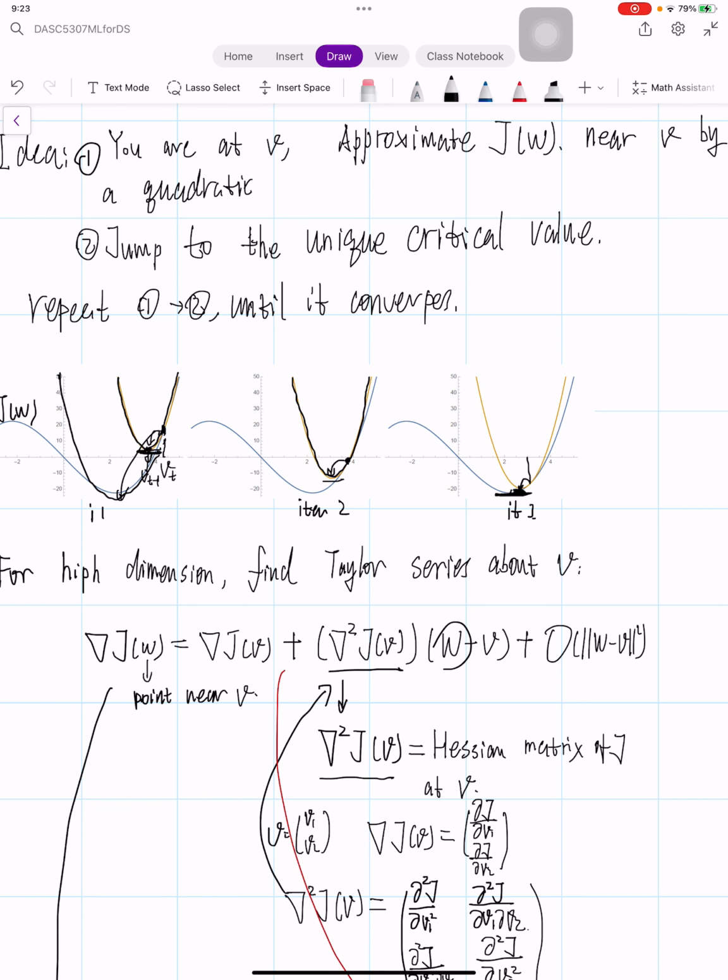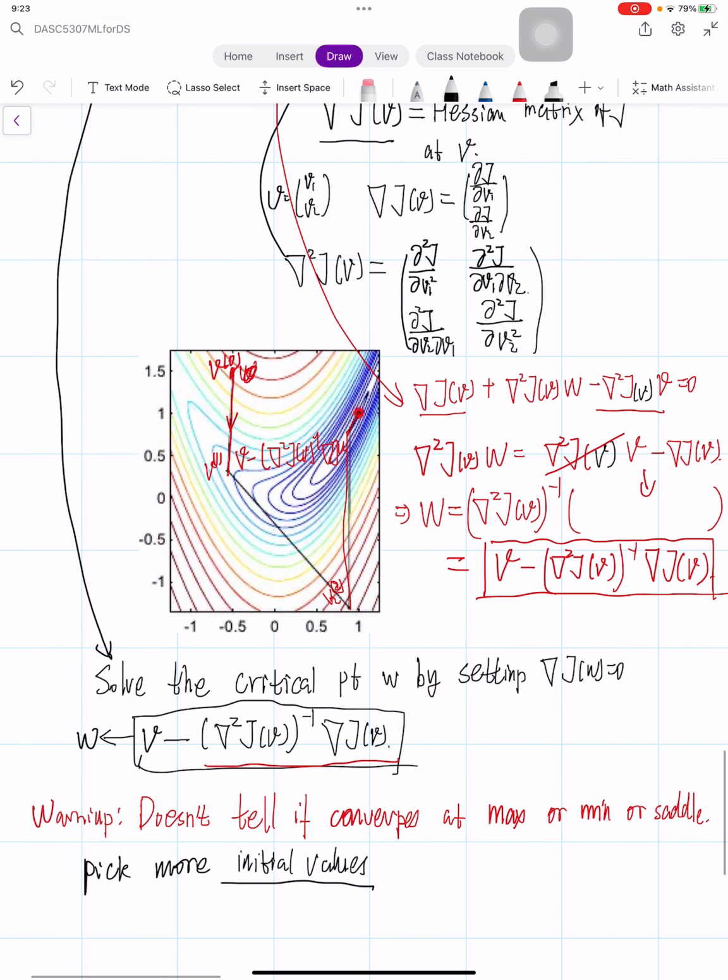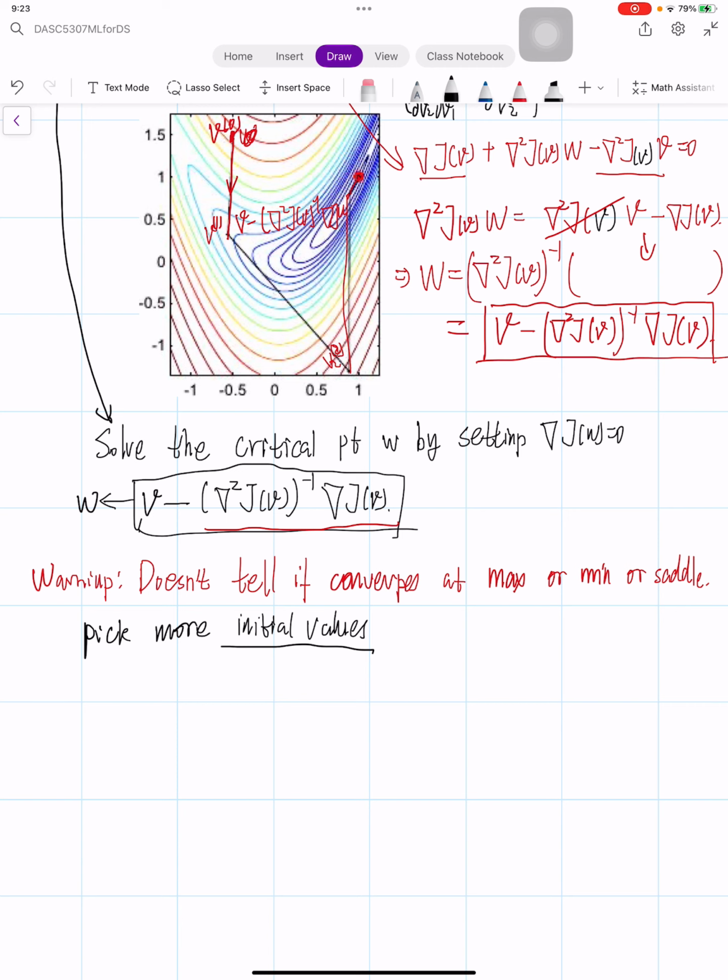It works perfectly for Newton's method if your cost function is the quadratic form. So the closer the cost function is to quadratic, the faster Newton's method converges. Also, Newton's method is better than gradient descent for optimization problems for several reasons.